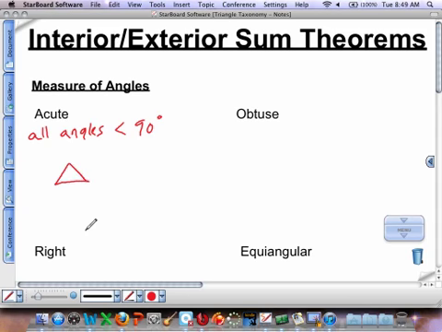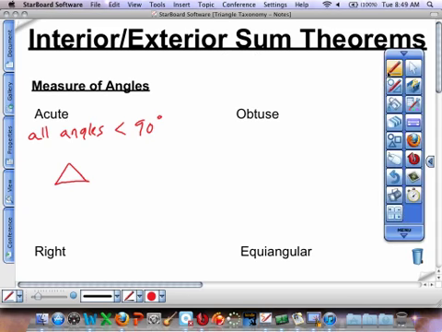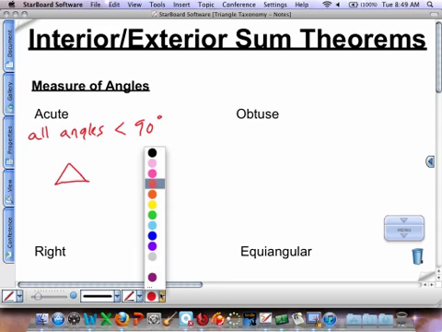That's an example of an acute triangle. What about an obtuse triangle? What makes a triangle obtuse? Okay, so now how many angles can I have like that? Just one, okay.